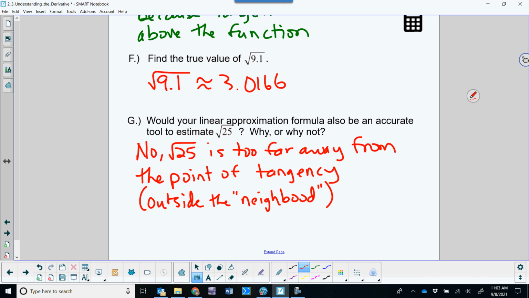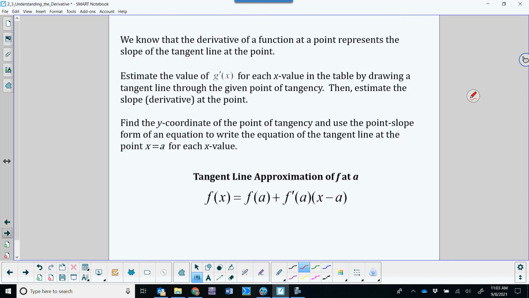All right, so let's look at this question. Again, this is the tangent line approximation. If they ask you to do a linear approximation, it means draw the tangent line.